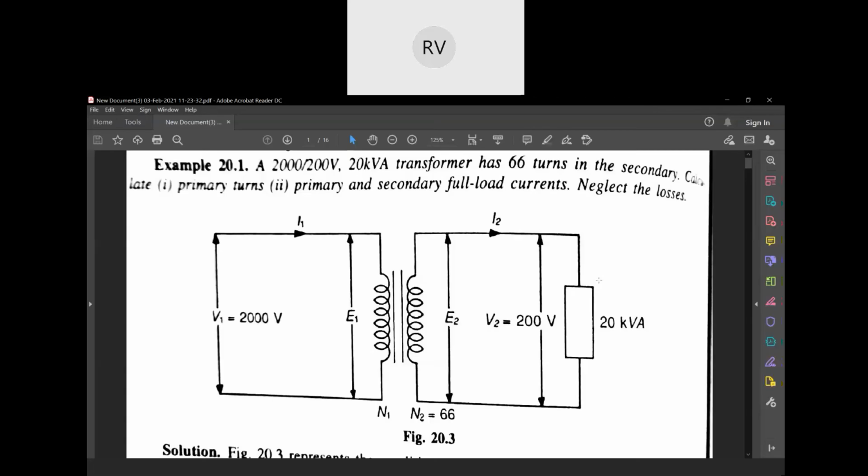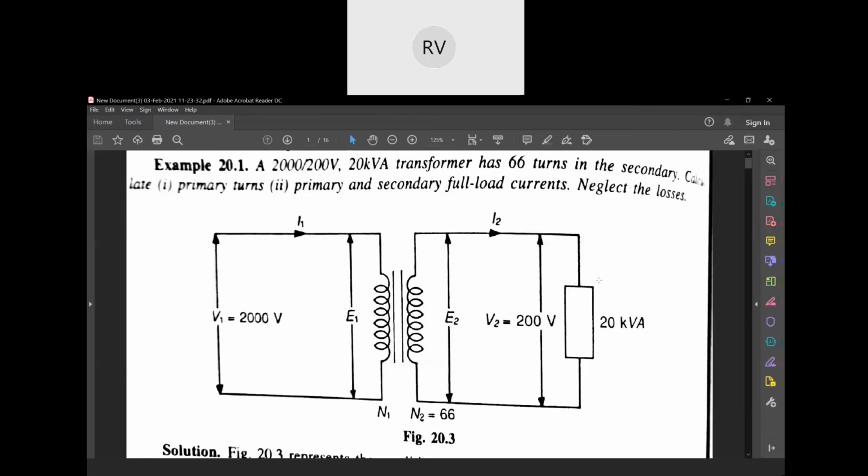The highest voltage of the high voltage winding will be given first, and then the smaller voltage of the secondary. So this is how the representation will be, 2000 by 200 volts.